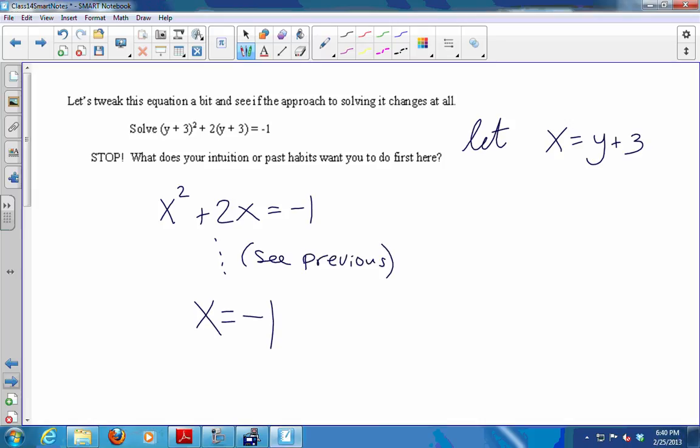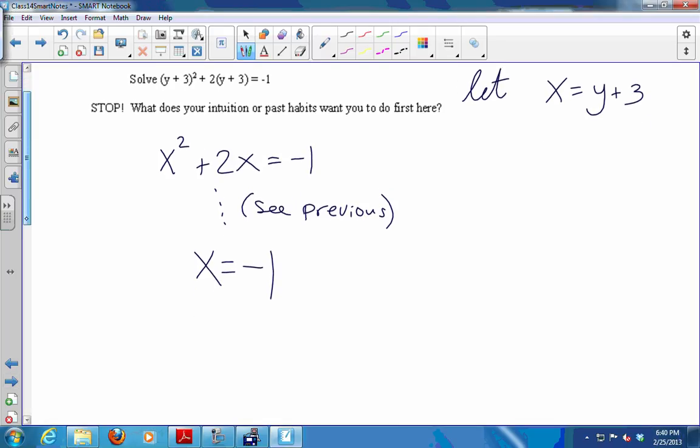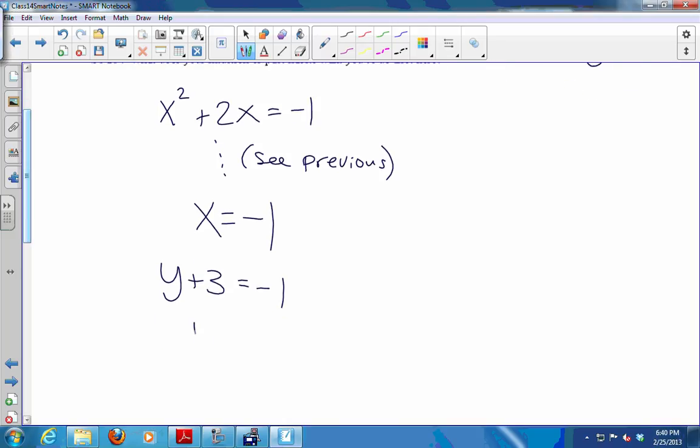Okay, so if x equals -1 and x equals y plus 3, then y plus 3 has to equal -1. So I'm just going to make a substitution here. Instead of an x, replace x with what it equals, y plus 3. Which means y has to equal what?